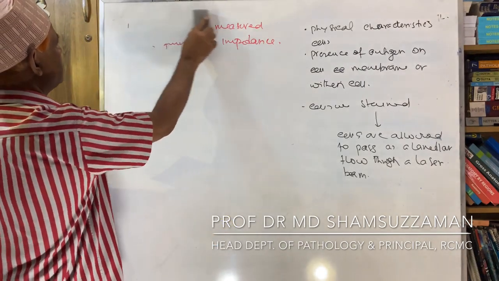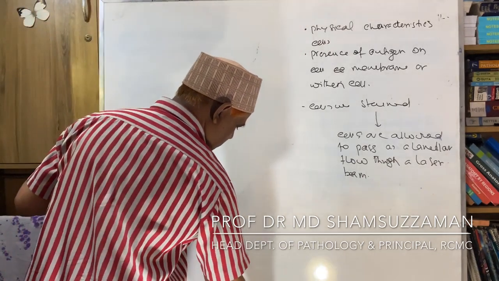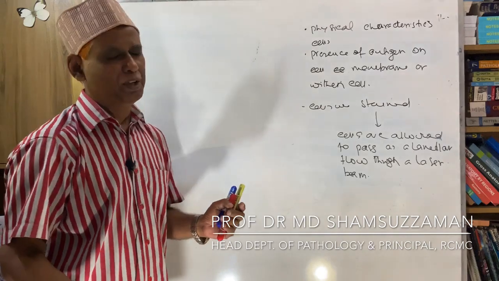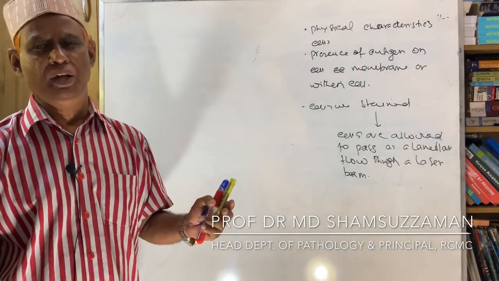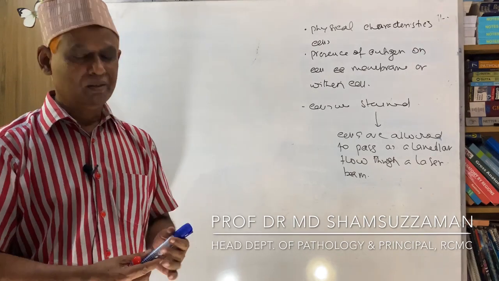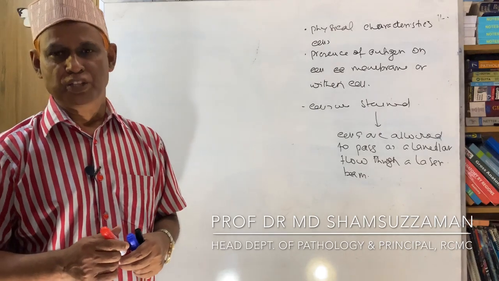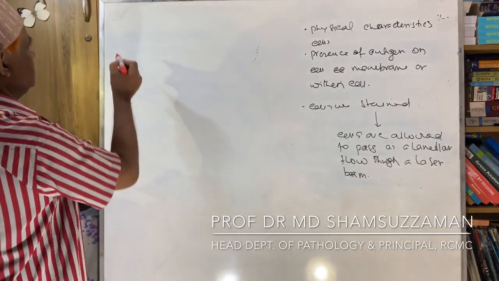Now, if anybody suffers from chronic myeloid leukemia for a long time, for many years, the patient may suffer from a crisis that is called blast crisis or blastic transformation.